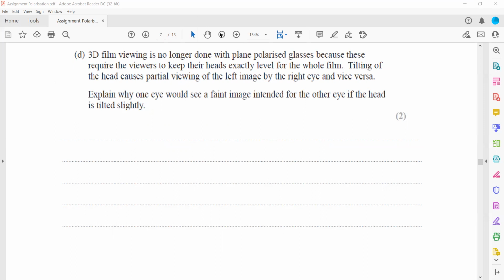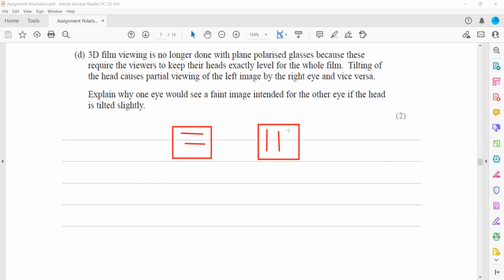This is also a constraint. If you are using 3D glasses, the head should not be tilted; it should be exactly level for the whole film.